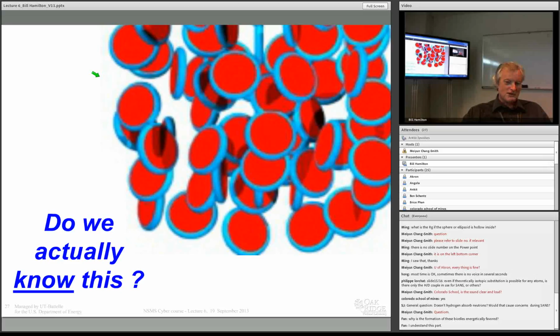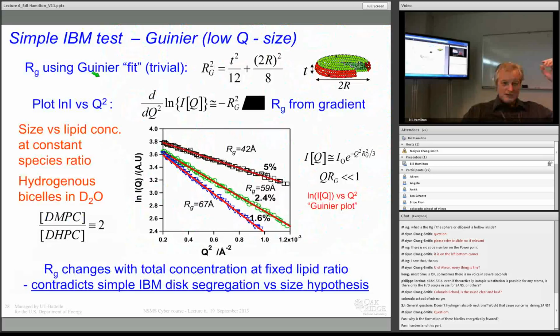So we thought we'd do a few experiments. The first thing we did was we tested the ideal bicelle model, which, as you may remember, said that the only thing that matters about the size of one of these things is how much rim material I put in solution as a ratio of how much body material.